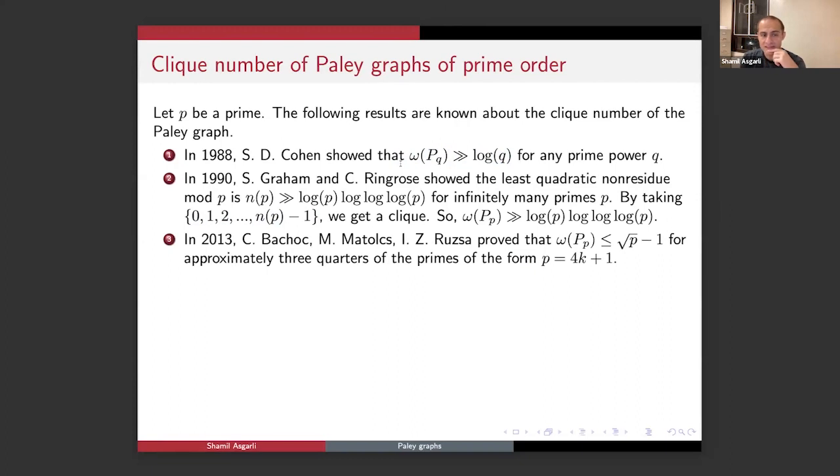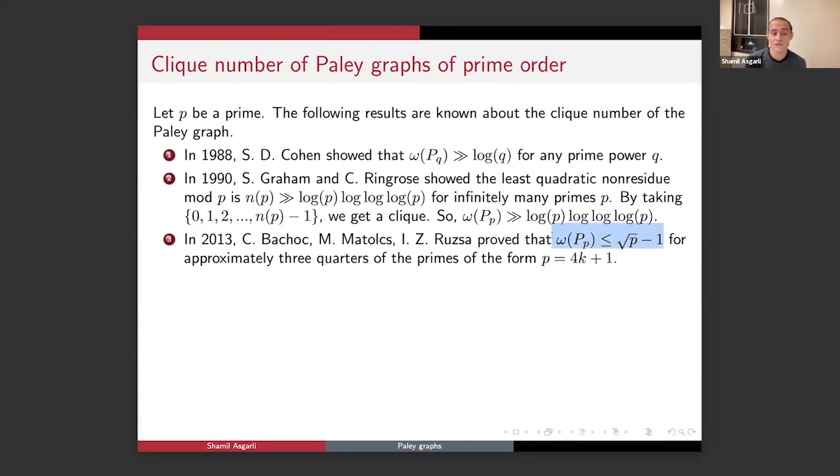And then there was a recent improvement after 23 years. We have Bachoc, Matolcsi, and Ruzsa. They proved that you can actually improve the trivial upper bound. So the trivial upper bound I already proved to you in the previous slide, which says that the clique number of the Paley graph of order P is at most the square root of P. So, well, even improving that by 1 took a significant amount of effort, and they were able to establish that.